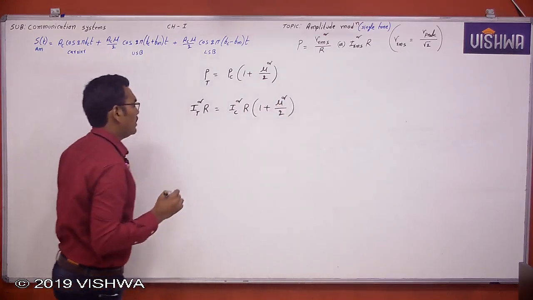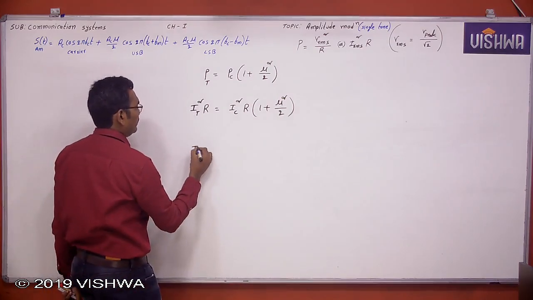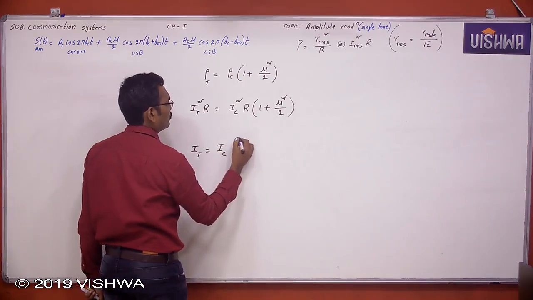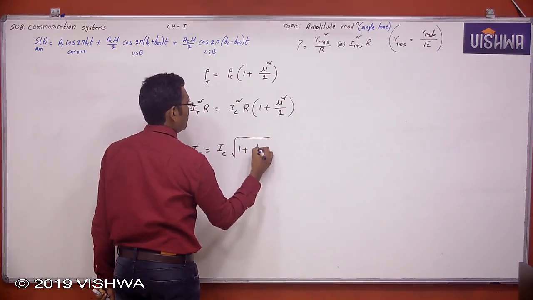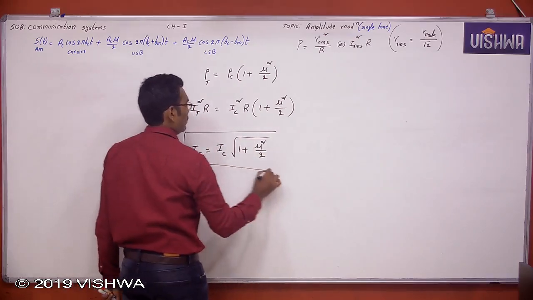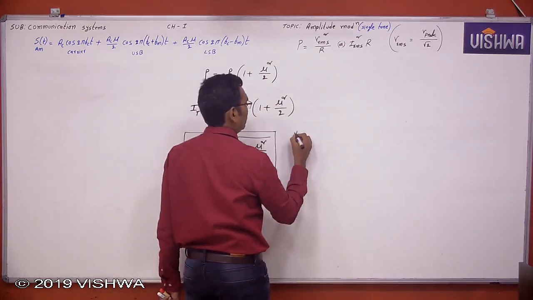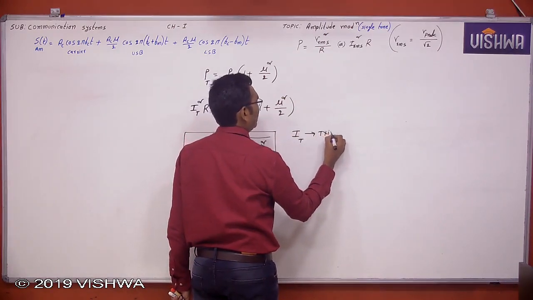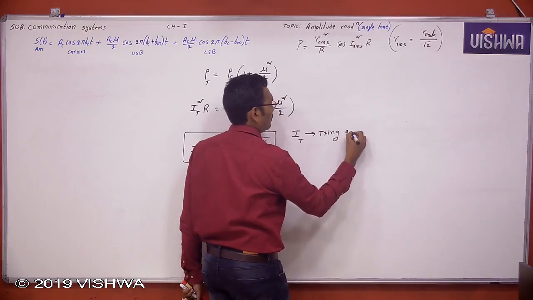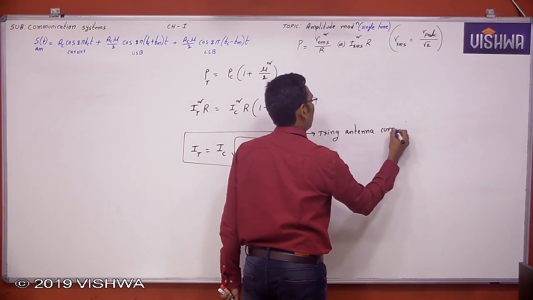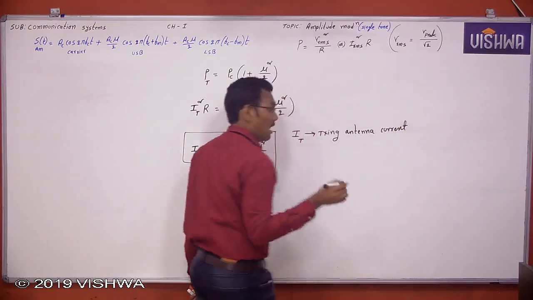So IT is equal to Ic into square root of 1 plus mu square by 2. Here IT is the transmitting antenna current, or total current after modulation.